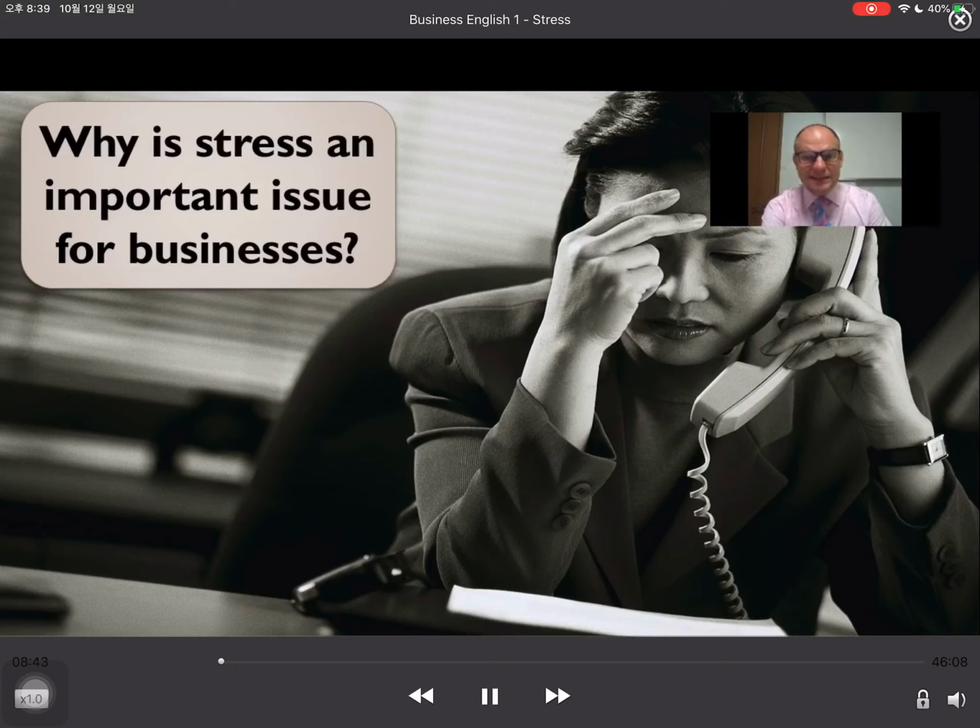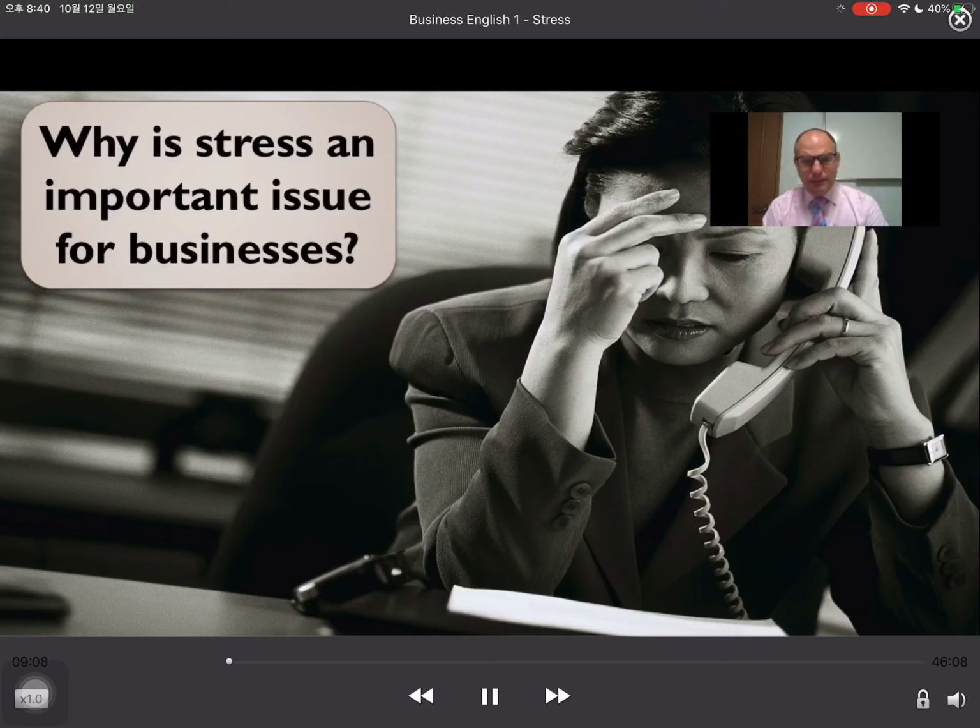Work-related illness, so stress, people take time off work. If they're not coming into work, that's costing businesses money. So there you go. That would be one idea. Absenteeism from work, staff retention.